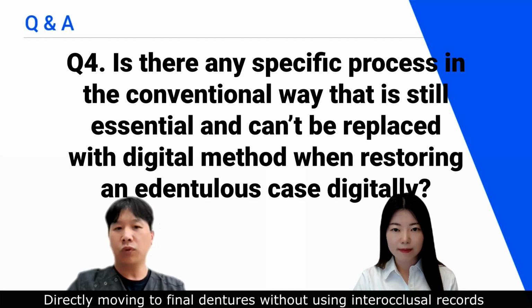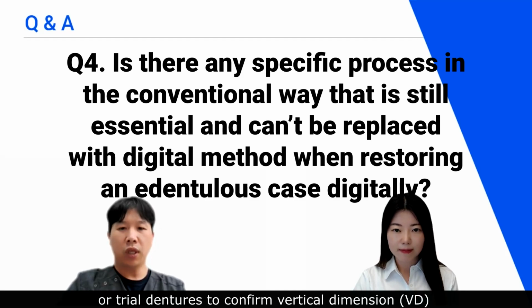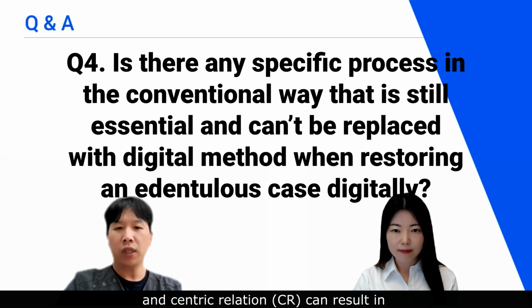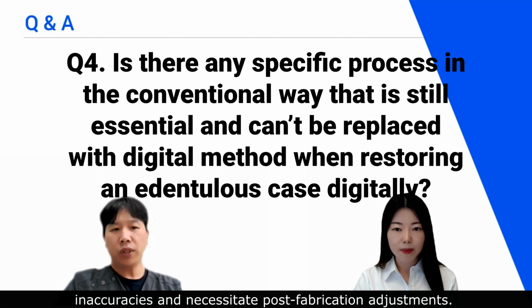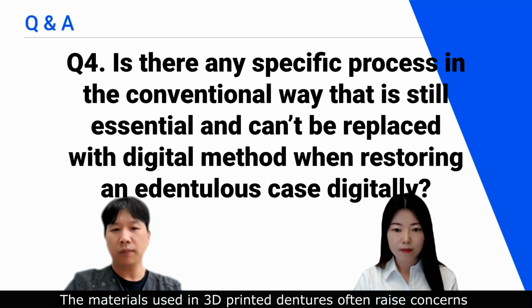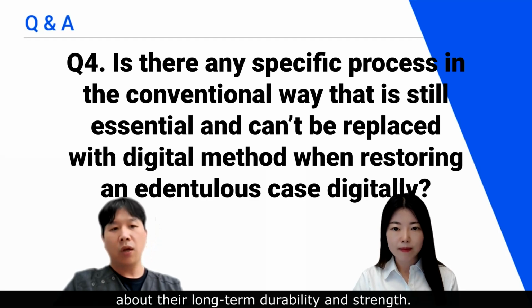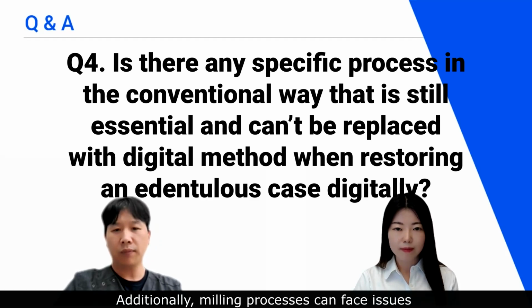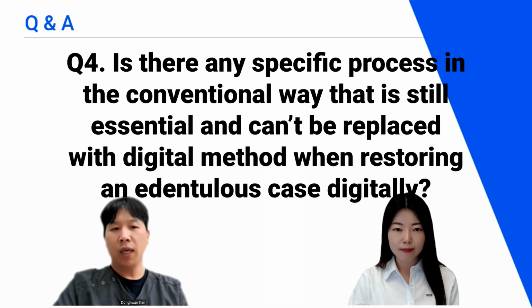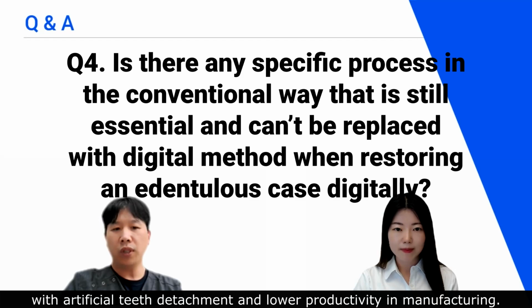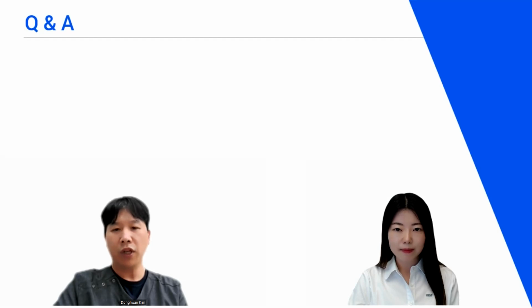Directly moving to final dentures without using intraocclusal records or trial dentures to confirm vertical dimension and centric relation can result in inaccuracy and necessitate post-insertion adjustments. The materials used in 3D printed dentures often raise concerns about their long-term durability and strength. Additionally, the milling process can face issues with artificial teeth detachment and lower productivity in manufacturing.